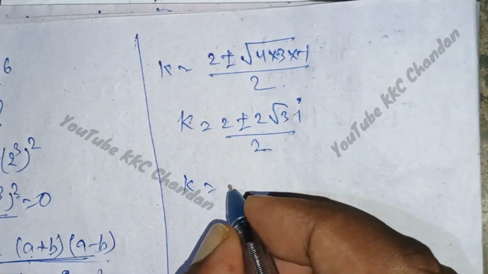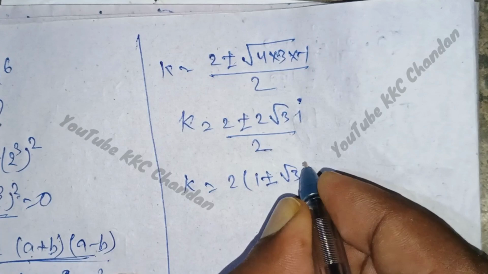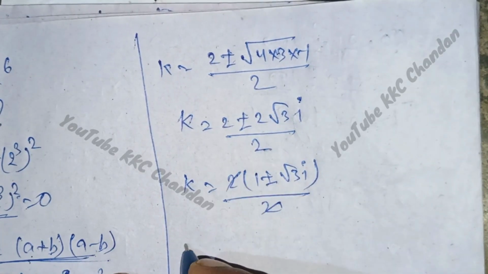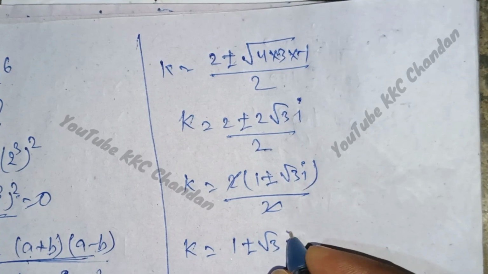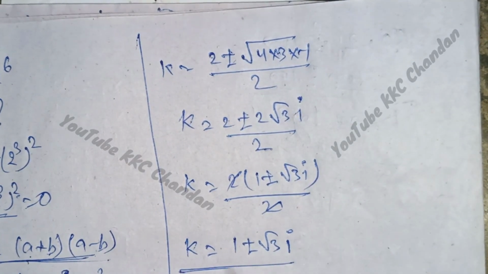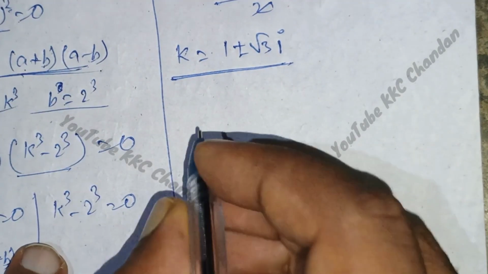Therefore, take common 2: 1 plus minus root 3 i, divided by 2, 2 cancels. k is equal to 1 plus minus root 3 i. Here is the k second value. This is a complex solution.